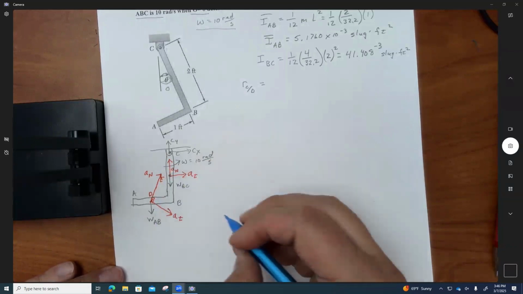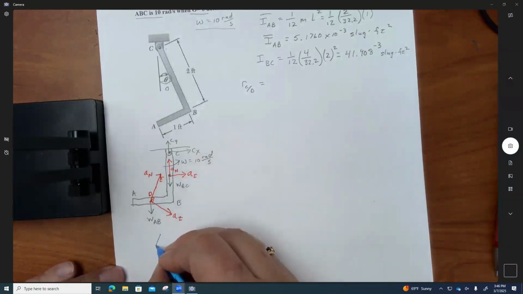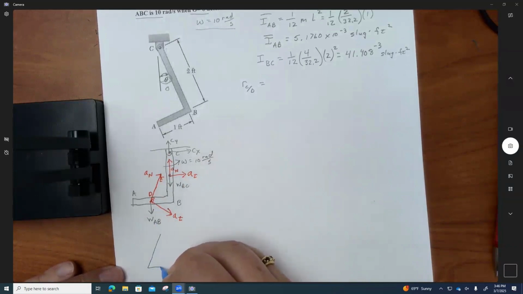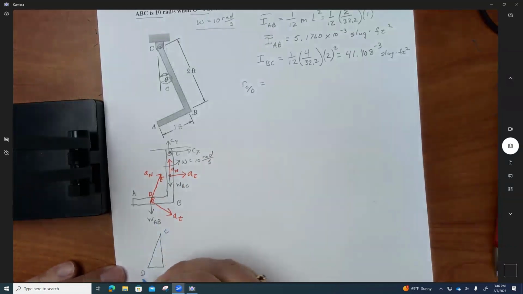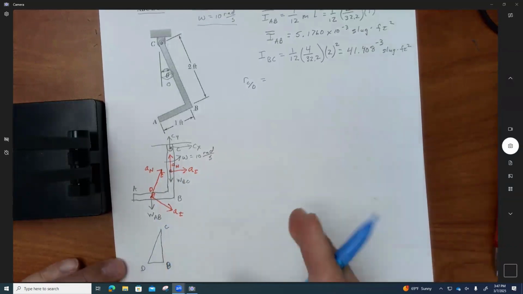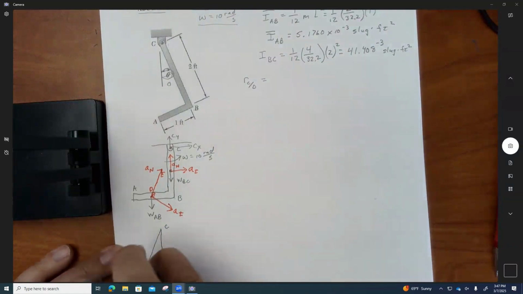So I'm pulling out a triangle that looks like this. C, D, B.